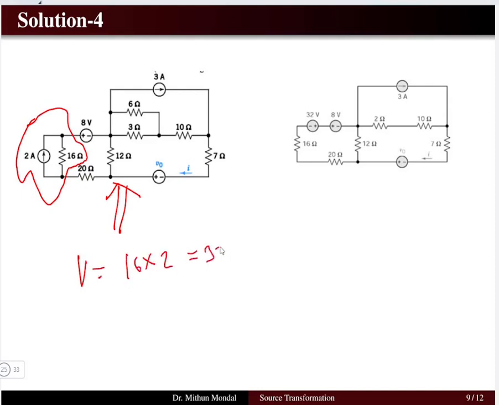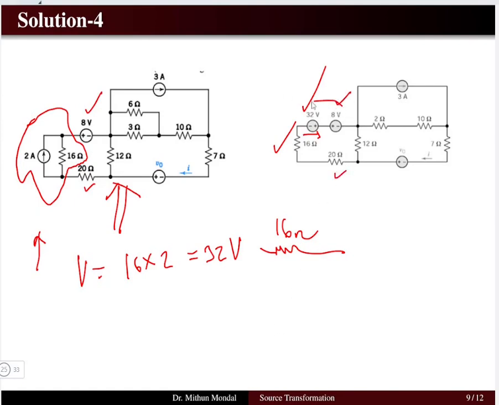So we have 32 volt in series with a resistance of 16 ohms. You see the direction of the current source, it is in this direction. Now for the remaining part of the network, we have 8 volt and 20 ohms, which we are going to keep here.